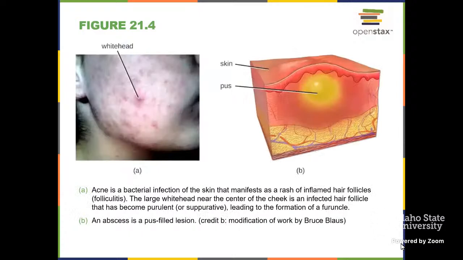So back to some acne, we can see some images of what's happening, and we're going to go through and look at some potentials for types of lesions that we might see on our skin in the first place. So here we could see this whitehead, this pus-filled lesion, and that's what we're looking at right there. There are other potentials where we may see some oxidation occurring and some blackheads.